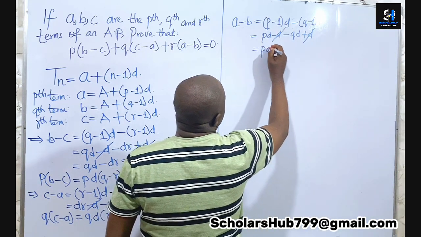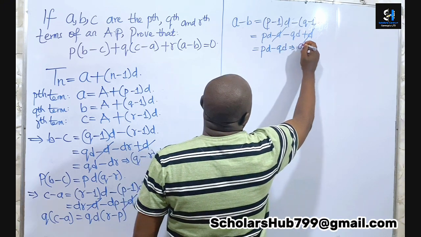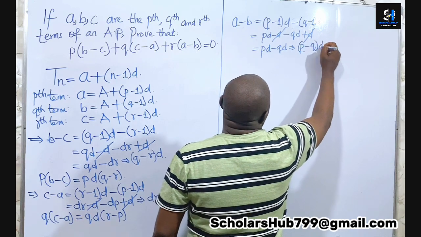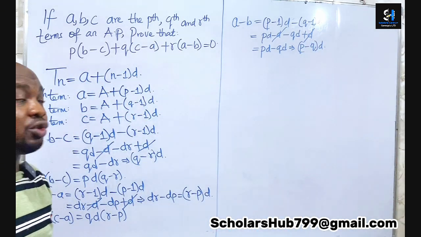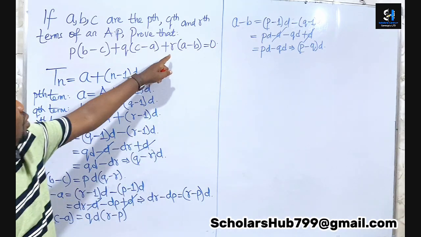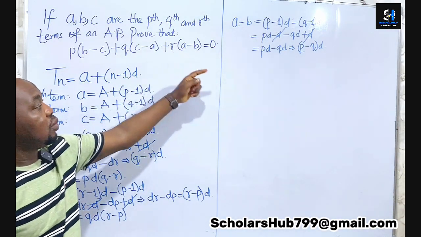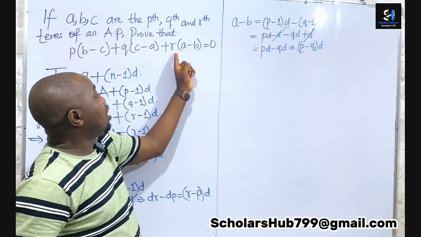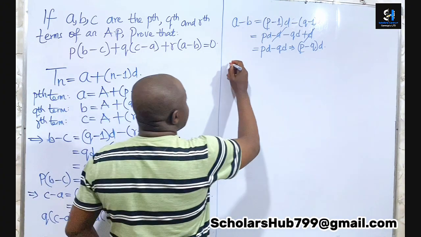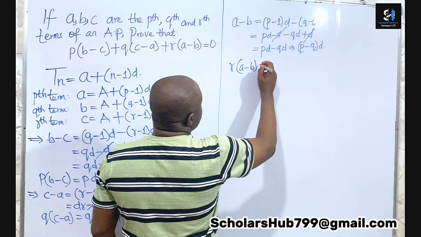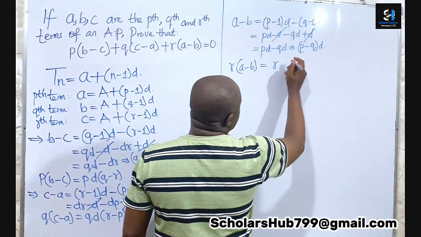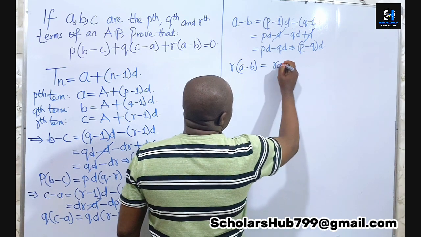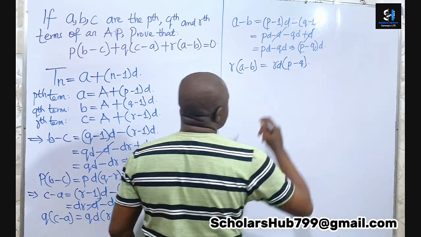So this will be pd minus qd. So p minus q multiplied by d becomes the expression for a minus b. Now what you do next is to multiply whatever we get by r, so the expression for r(a minus b) will be rd(p minus q).